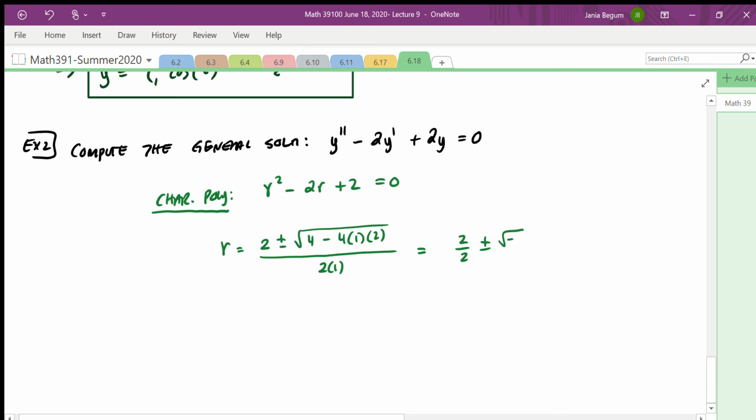So we have a negative 4 inside the radical. So that's why we run into a complex solution, right? So we have 1 plus and minus. What's the square root of negative 4? Right, so it's 2i, and we then divide by 2, so that will just be i. Okay? So any question here?